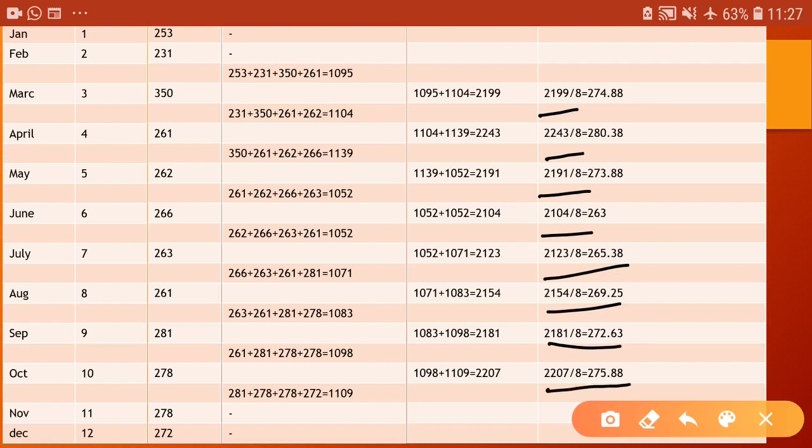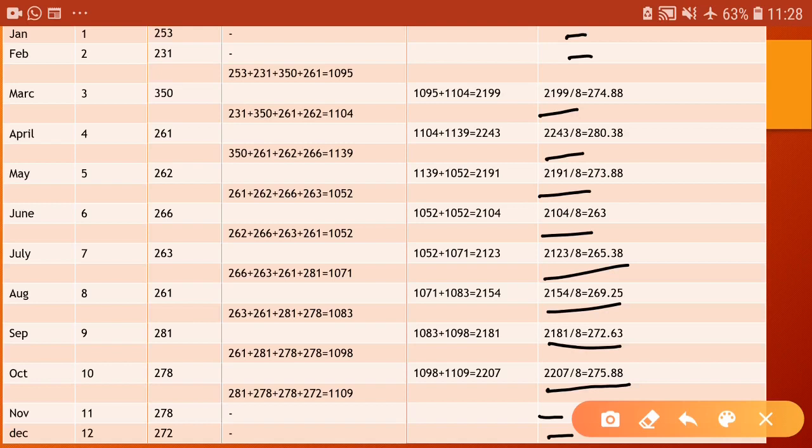And 2207 divided by 8 is 275.88. As I told you, the first two will be blank, so Jan and Feb are blank. The last two will be blank, so November and December will be blank.